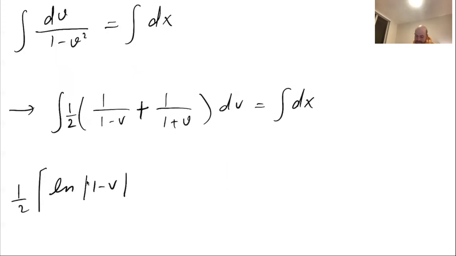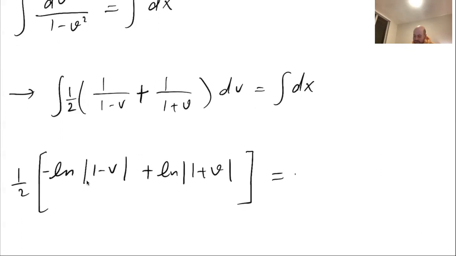So 1/2 times minus this, and the antiderivative of 1 over 1 plus v is ln 1 plus v. And then integral dx, which is going to be x plus c.